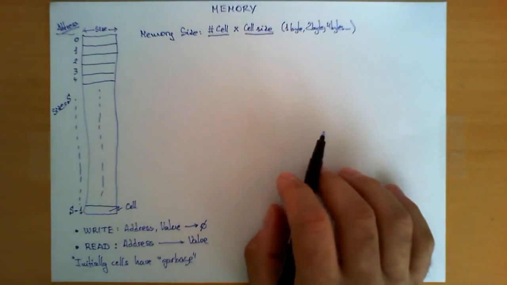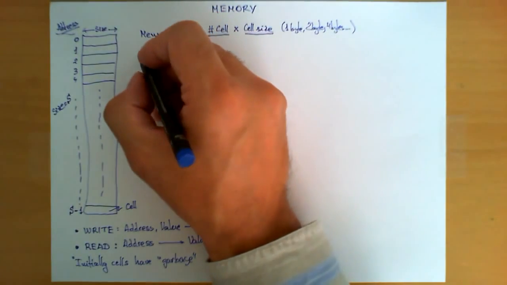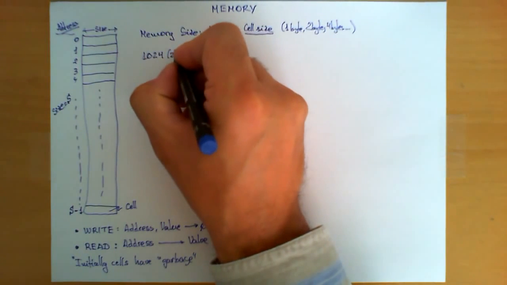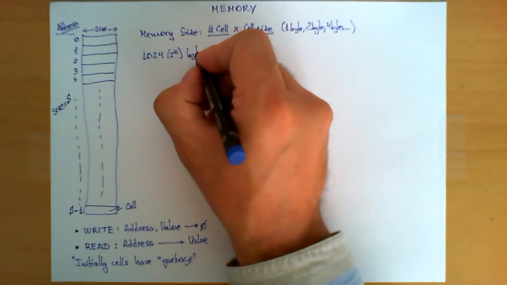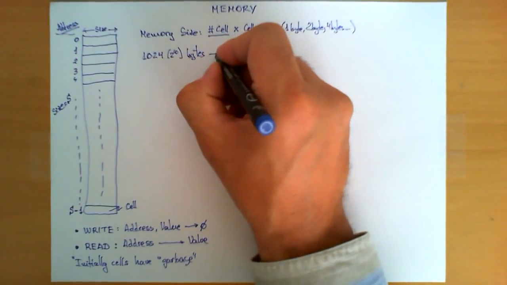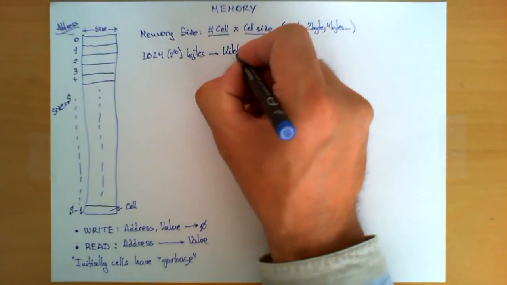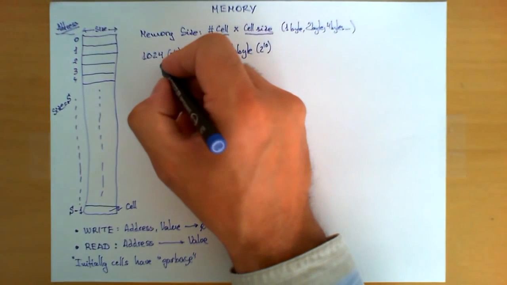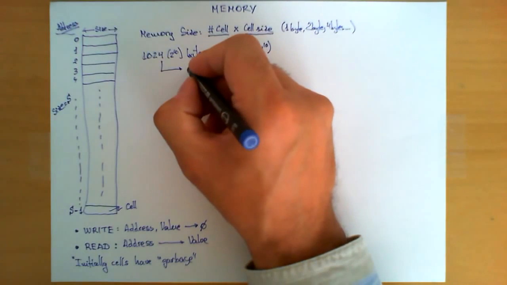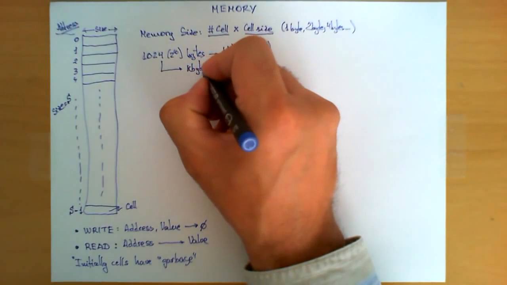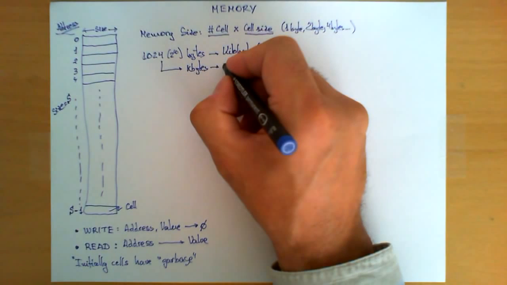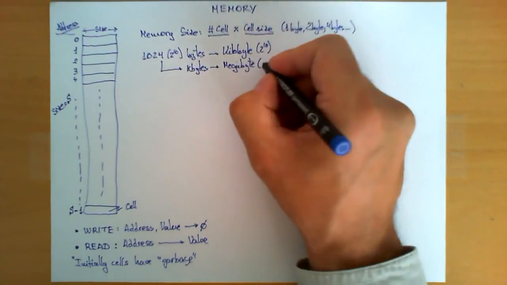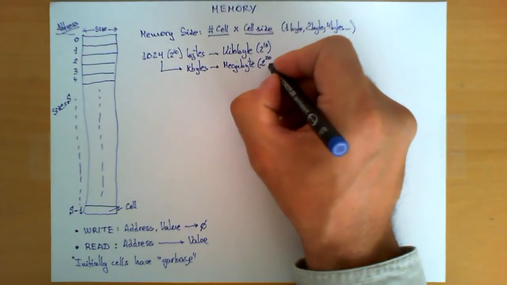Now, the units in which memory is typically measured are bytes. When we have 1024 bytes, which is 2 to the 10 bytes, that unit we call a kilobyte. When we have 1024 kilobytes, that unit we call 1 megabyte, or, if you do the math, 2 to the 20 bytes.